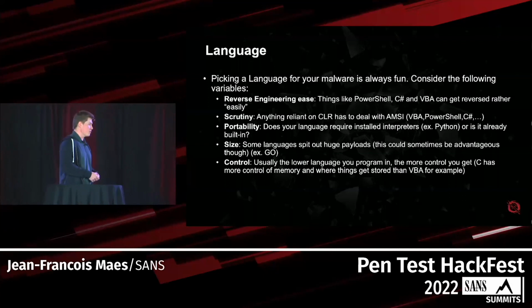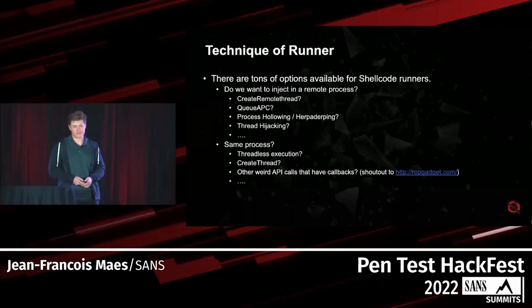The lower level your language is, the more control you have over what happens, right? Memory allocation, freeing up memory, zeroing out memory, garbage collection, stuff like that. You have full control, which is also much more dangerous because it's more error prone. If you don't know what you're doing and you're creating memory leaks, you could have a bad time. You could end up crashing the system because it doesn't have any more resources to give you.